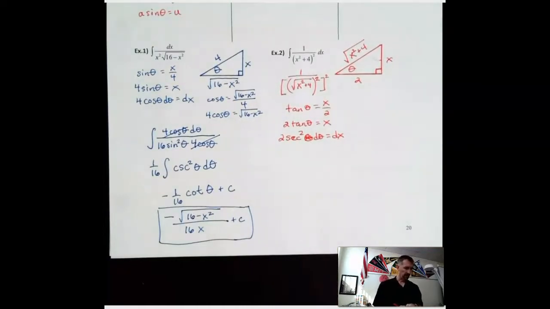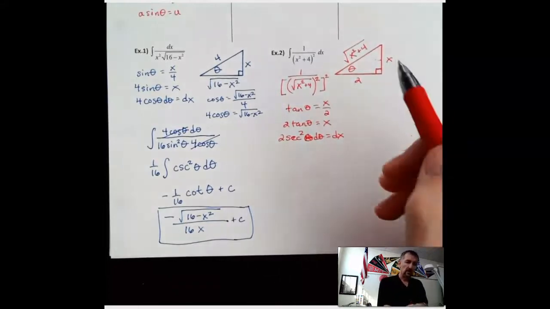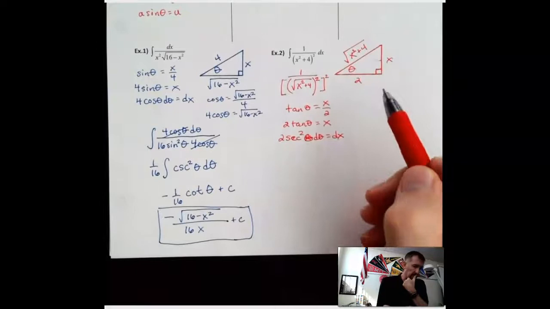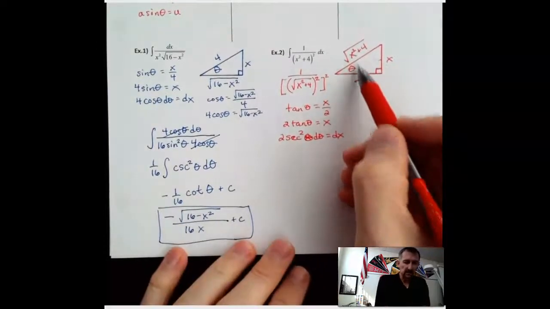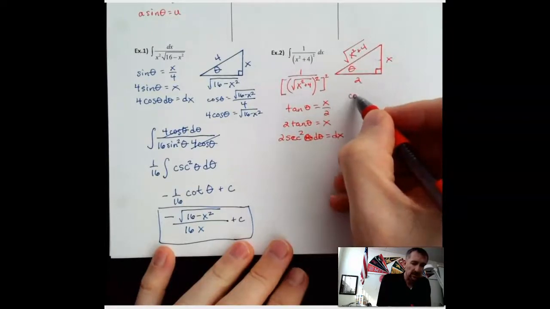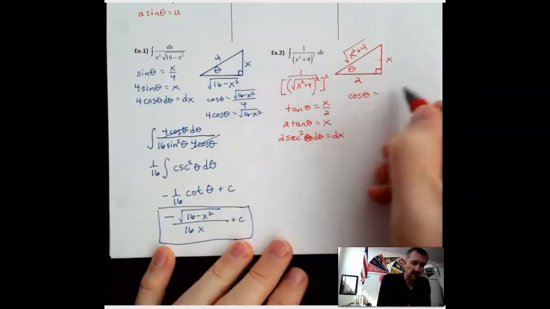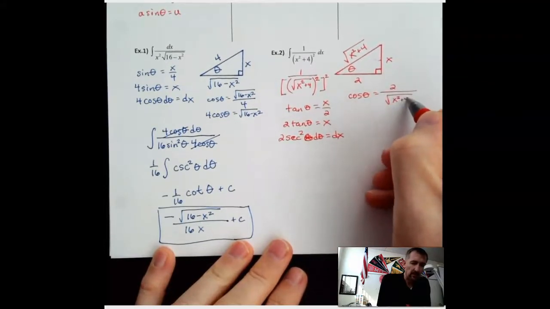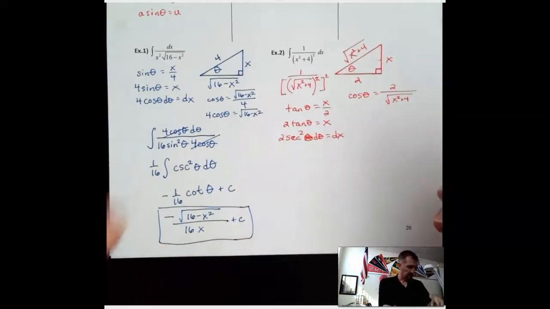Alright. Now, to get this substituted out, the easiest thing to do would be to use the 2 in that. So that would be cosine. So the cosine of theta is going to be adjacent over hypotenuse. Okay?